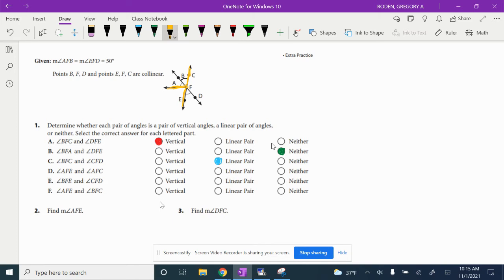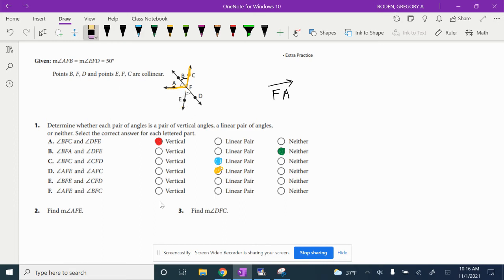Linear pair, right? What's the common ray they share, Xavier? Okay, now a ray is a straight line, right? So for a ray, you just use two letters. So they share the ray FA. So the common ray that they share is ray FA. Okay, see that? Okay, good. Nice job, Xavier.